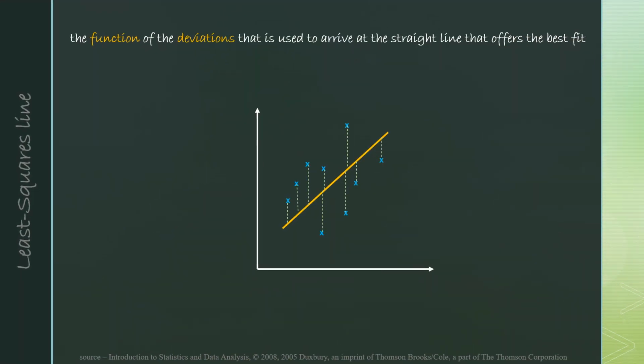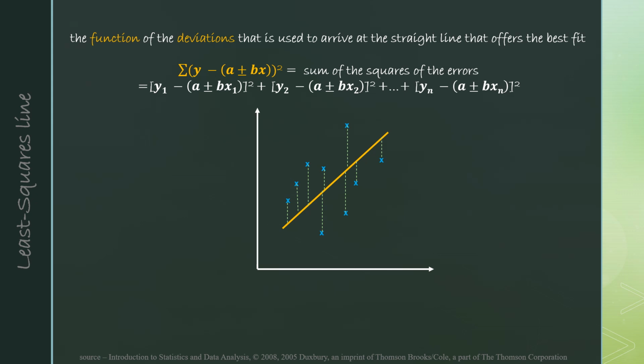The function of the deviations that is used to arrive at the straight line that offers the best fit within the sample data is given by sigma of y minus a plus or minus b multiplied by x, the whole square, which is the sum of the squares of the errors, in other words the deviations.